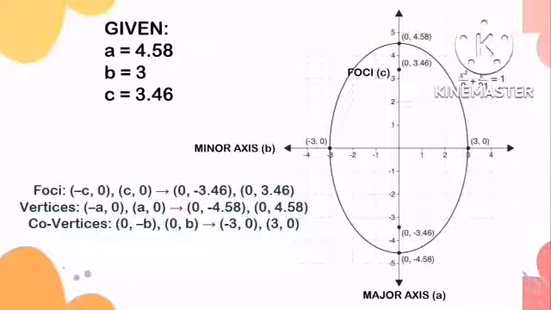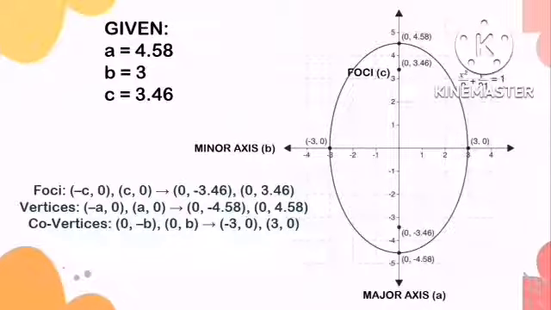Let's use 4.58 as our major axis that lies along our vertical line, or our y-axis. 3 for our minor axis that lies along our horizontal line, or our x-axis. 3.46 for our foci that lie along our vertical line, or our y-axis. We can now write all the values that we can see on our graph.